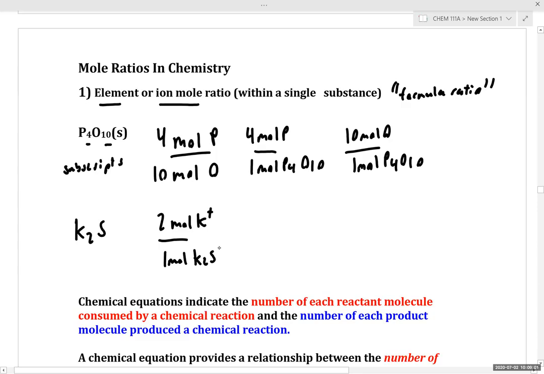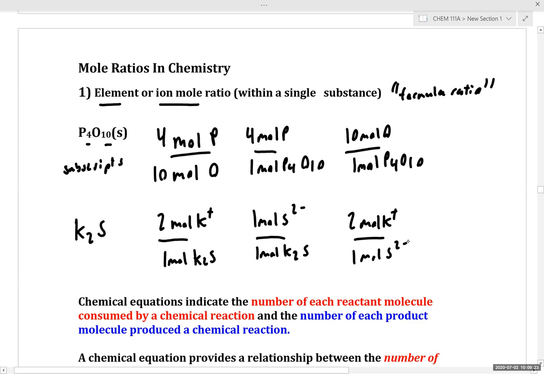This time we're looking at an ion ratio. We also know we have 1 mole of sulfide for every 1 mole of potassium sulfide. And then to finish off our mole-to-mole ratios, we know that we have 2 moles of potassium for every 1 mole of sulfide.